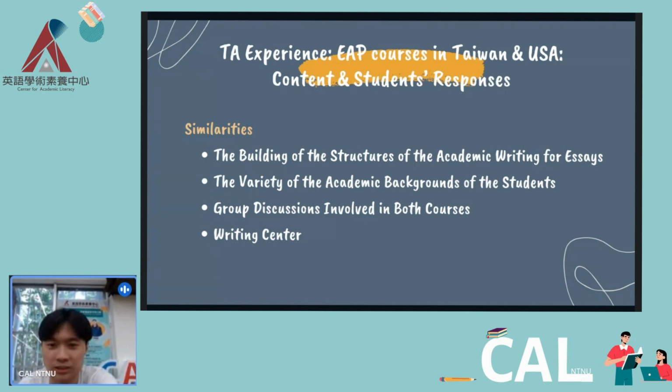And I think that was really good because with the help of an experienced tutor, you could revise your essay. So these four are the similarities that we had during these two courses.